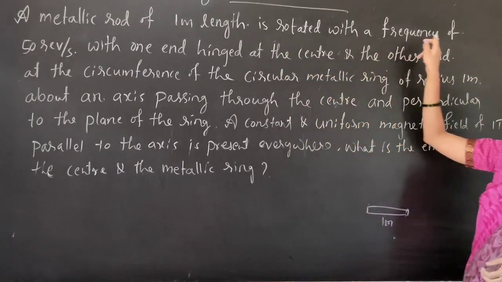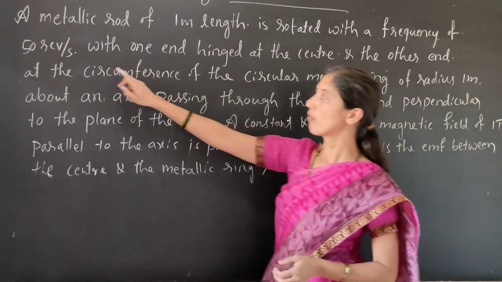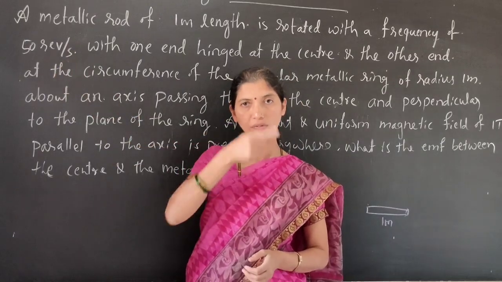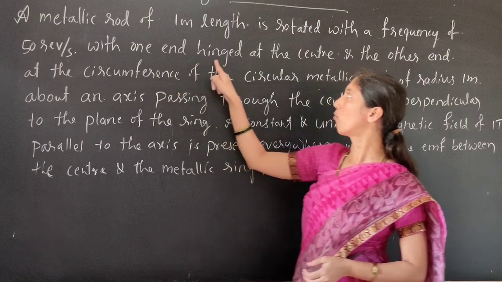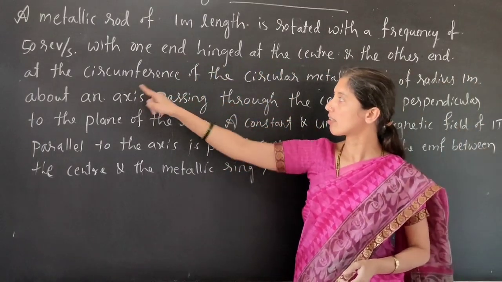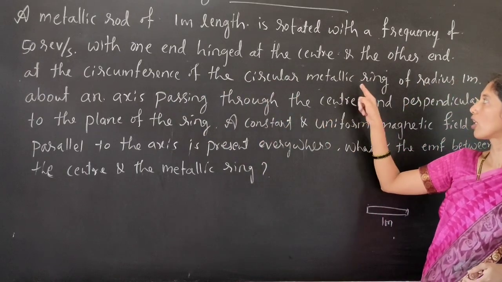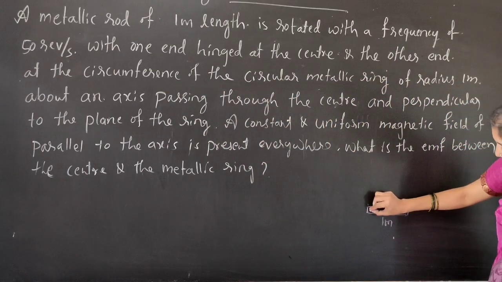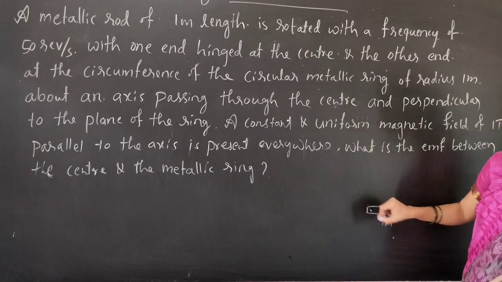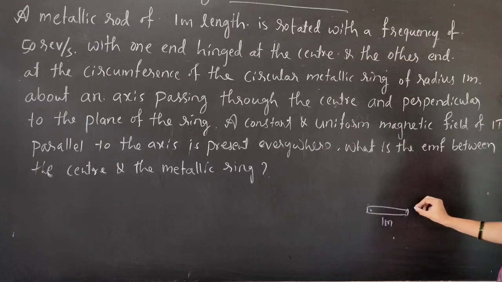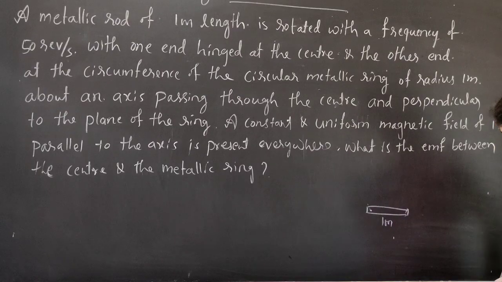It is rotated with a frequency of 50 revolutions per second. That means in 1 second it will rotate 50 times. With one end hinged at the center and the other end at the circumference of the circular metallic ring. That means one end of the rod is at the center of the circle and the other end of the rod is at the circumference.